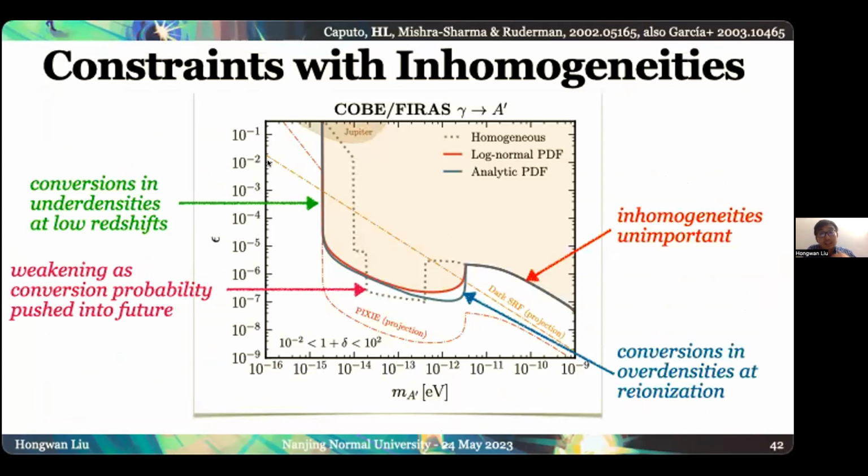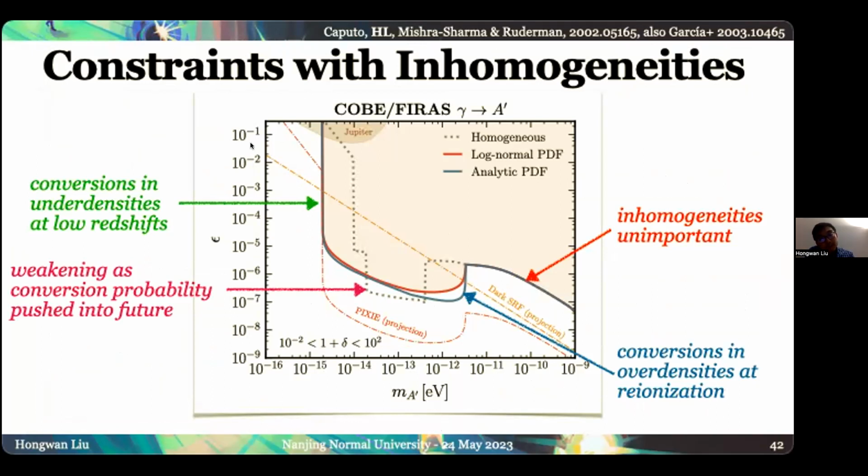They've just started their first run. I think this is the eventual full run, what they expect. And so you can see that in parts of this parameter space, they're actually going to do much better than cosmology. Of course, between 10 to the minus 15 and 10 to the minus 12, cosmology is still much better. But dark SRF is going to do a pretty good job.